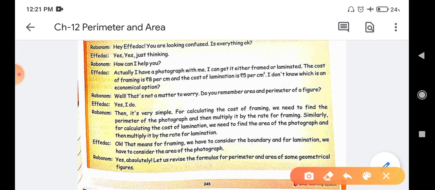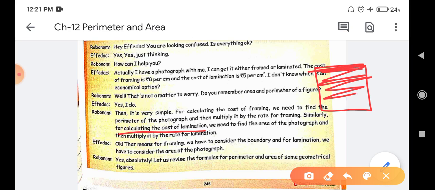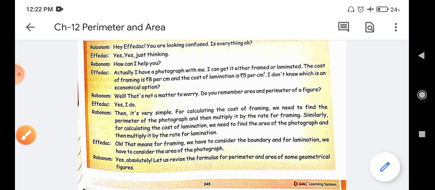Similarly, for calculating the cost of lamination, this is a photograph, and if we want to laminate it, then lamination will be done inside this photograph. So we have to find the area, and then multiply it by the rate of lamination.